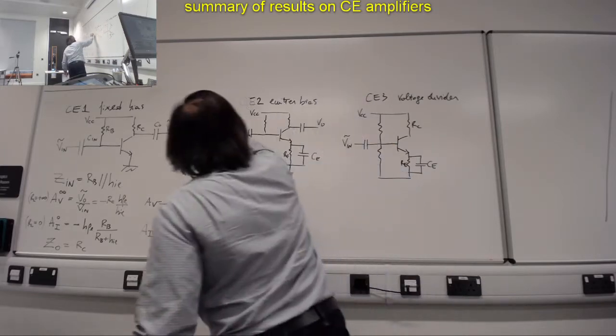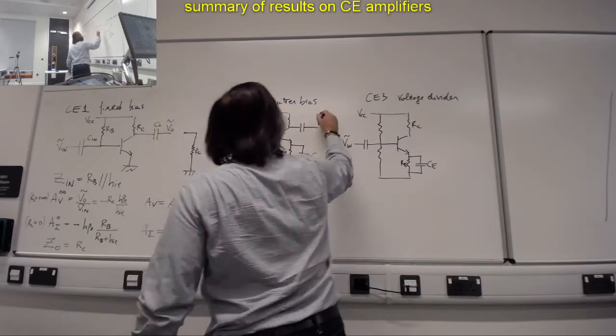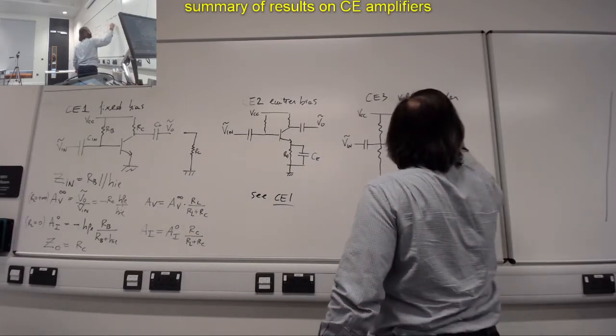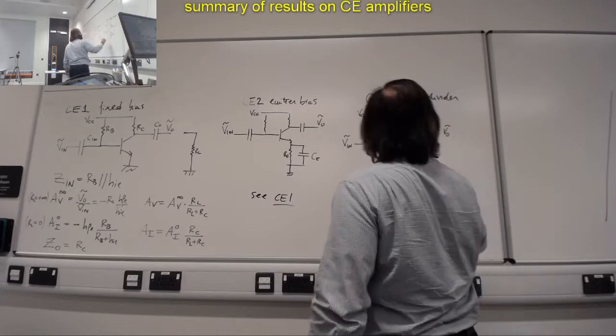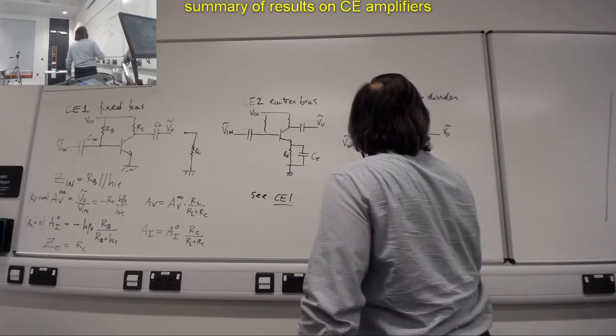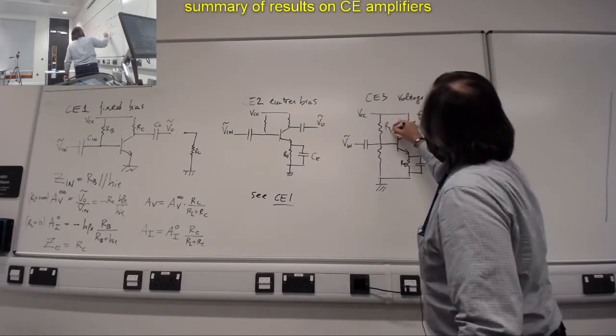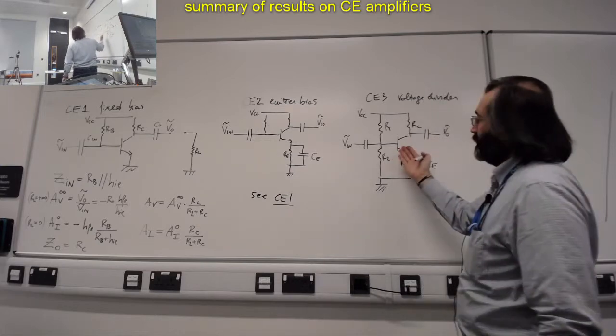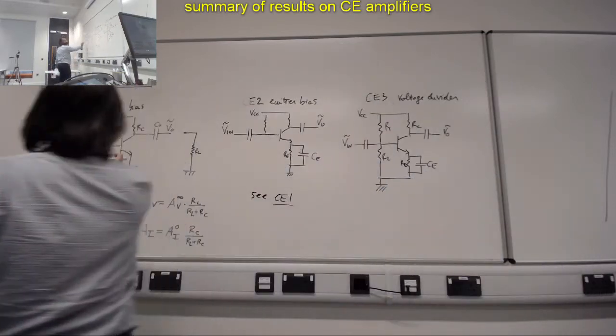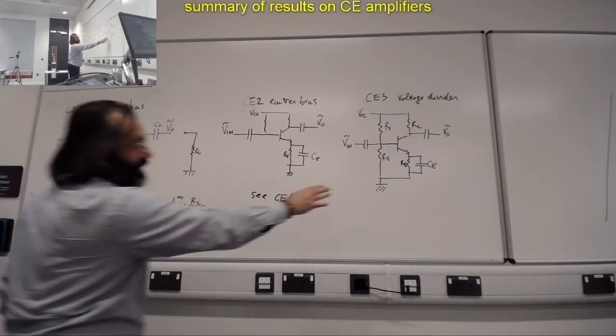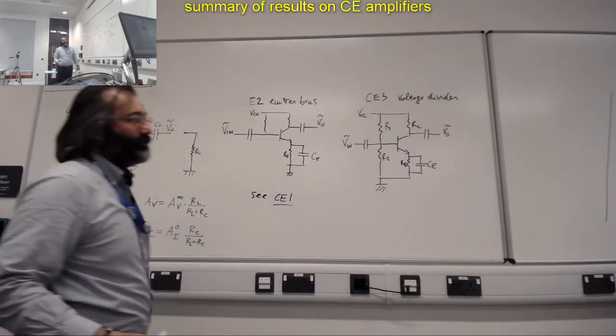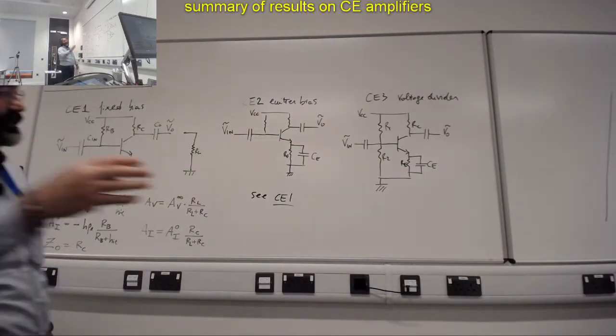I forgot your VIN, VO. And here is ground. So the only difference between this circuit and that one, as we said, is that also here we have this bypassing capacitor for the AC analysis.